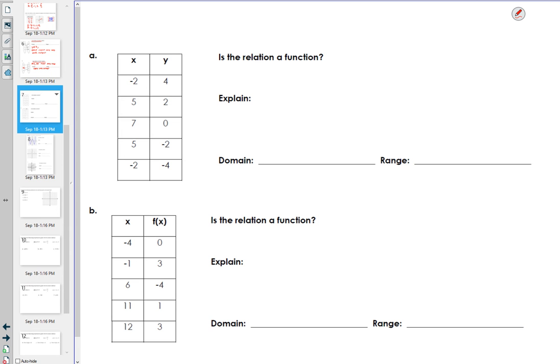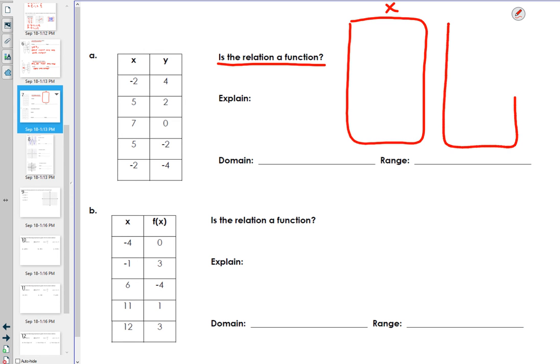These are tables. I'm going to ignore the domain and the range part again. I'm going to assume we know how to do the domain and range. I'll start doing it again when we get to continuous functions, but I still want to work on this. Really, what you're supposed to do here is create a mapping diagram. All of the x's here are unique.